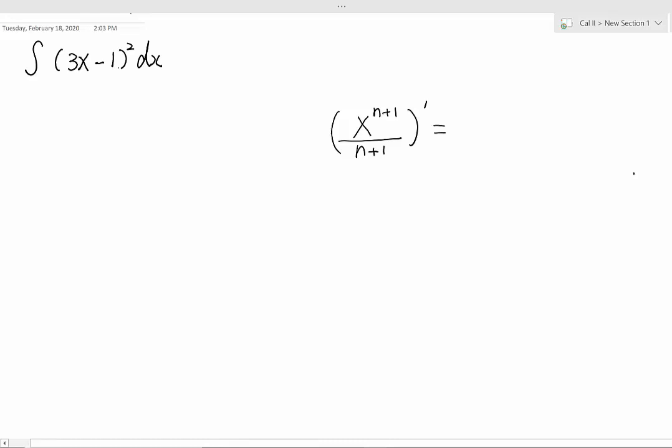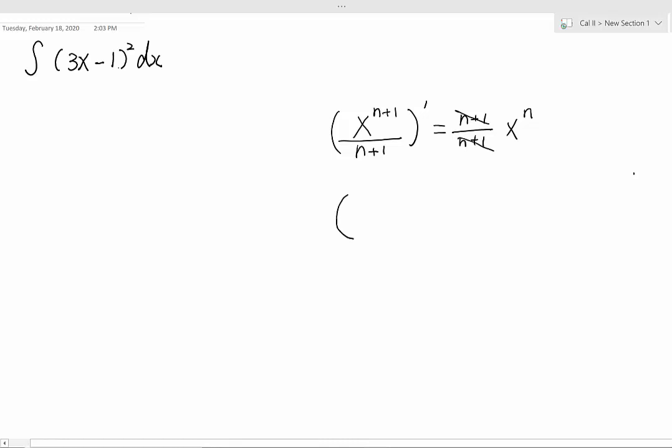When I take the derivative right here, I just follow the power rule. So that's going to be n plus 1 in front, and the exponent will decrease by 1. So that's going to be x to the nth power. So this cancels out, and the result will be x to the nth power.